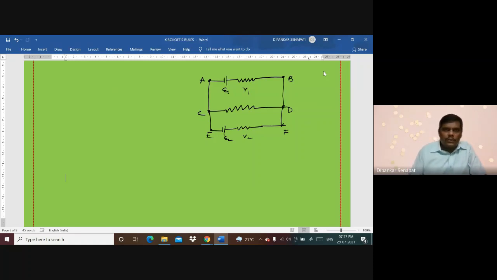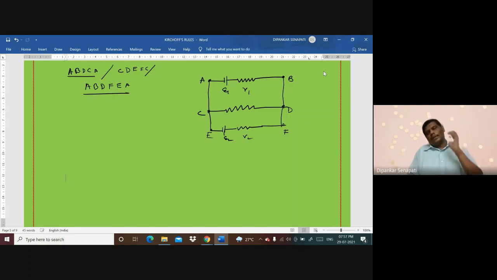Let me consider one closed path A, B, D, C, A. Another closed path you see is C, D, E, F, C. Or another closed path is A, B, D, F, E, A. Like this we can consider closed paths.